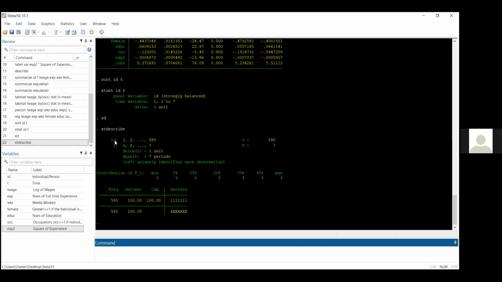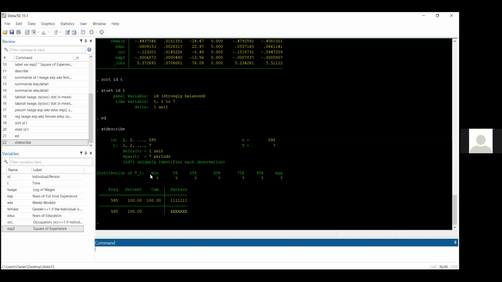For the cross-sectional dimension, which is ID, it is from individual 1 up to individual 595, like we saw. That's where the small n comes from, 595. For the time dimension, we have 7 periods or 7 weeks. Again, the change between periods is 1, spanning 7 periods.